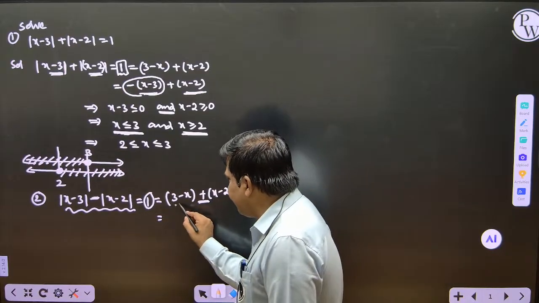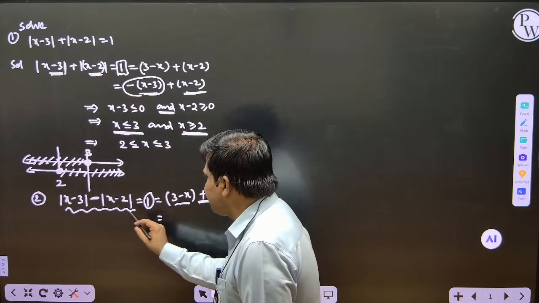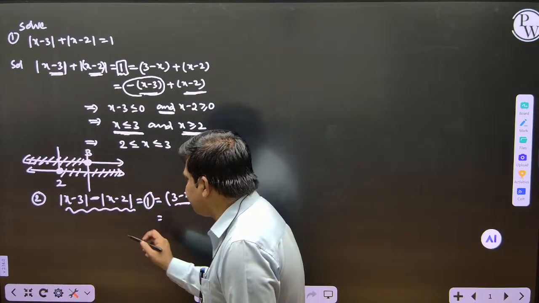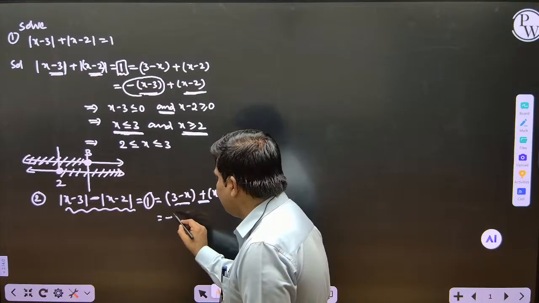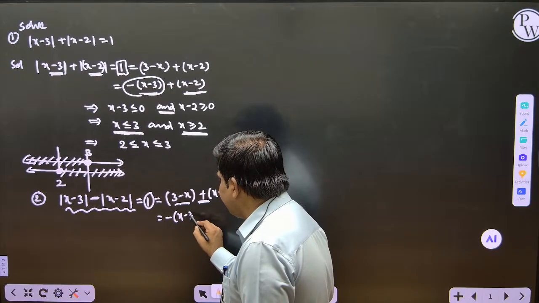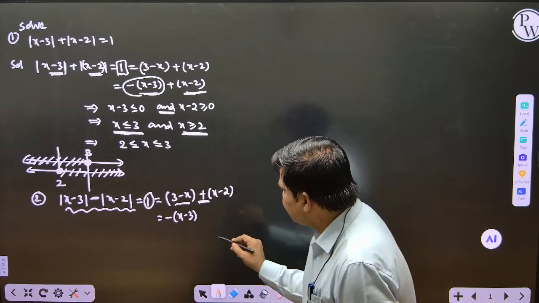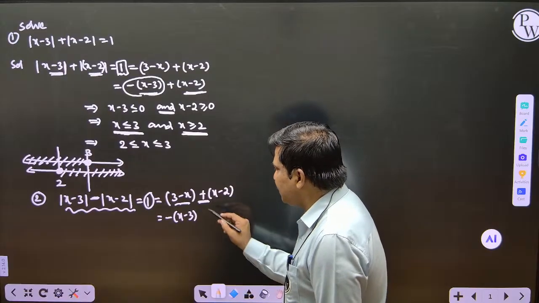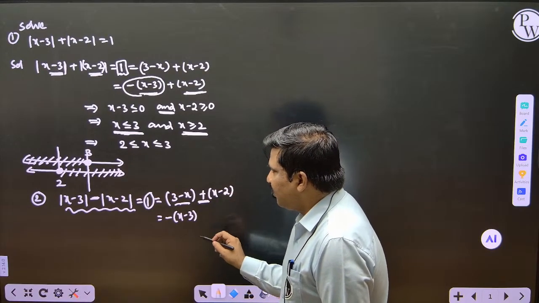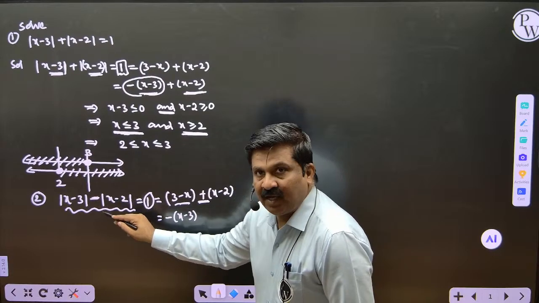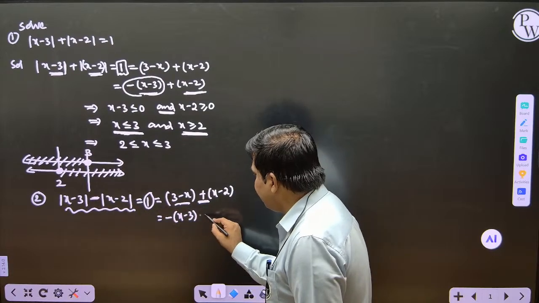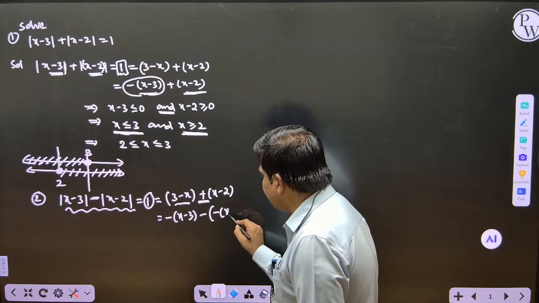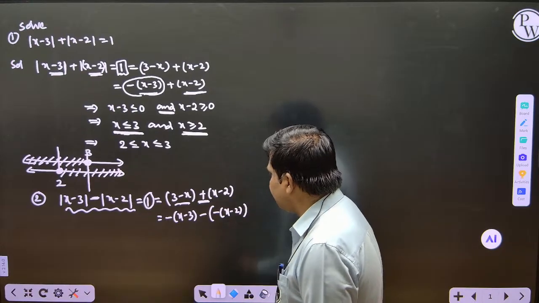That's why I'm writing 3 minus x in terms of x minus 3, or not. How? Minus of x minus 3. This also should be written in terms of what? Minus sign here. Why? Because here we have a minus sign. There is a minus of x minus 2.